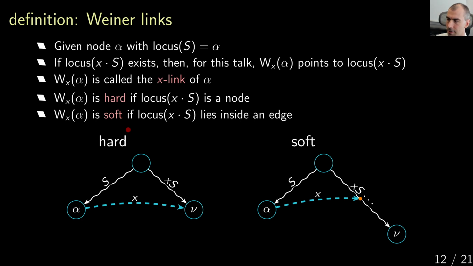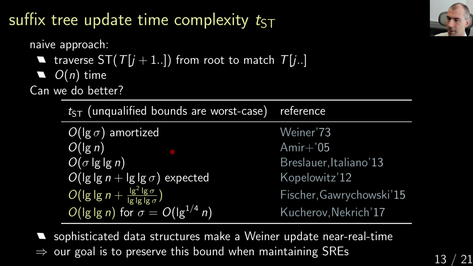This Weiner link maintenance and the suffix tree updates are not for free. You can see from the history, here we use time complexity TST for one suffix tree update, which creates a new leaf and maintains the Weiner links.